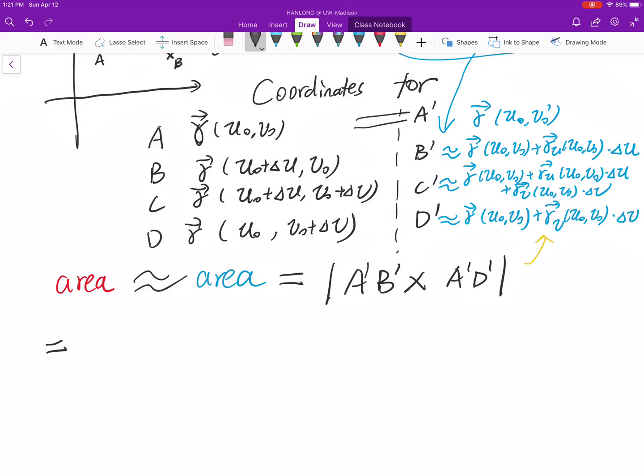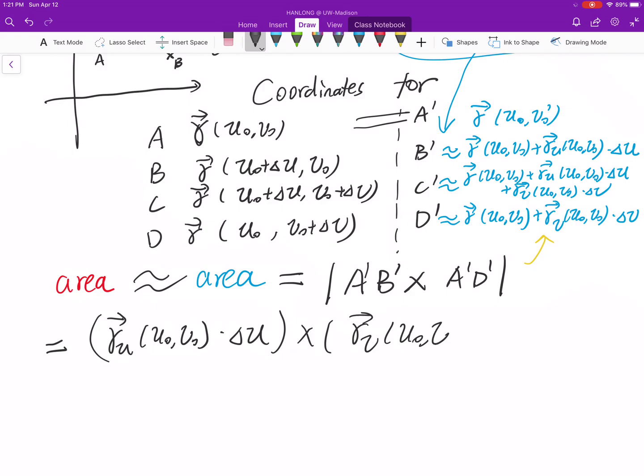So for the left hand side, A prime B prime, you have gamma U U0 V0 dot du, and cross product gamma V U0 V0 dot dV.